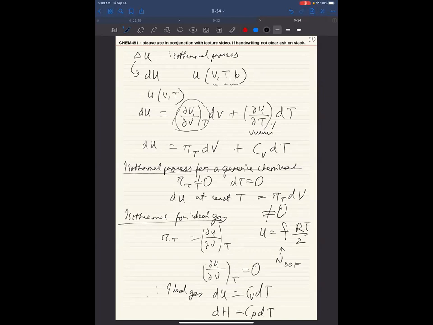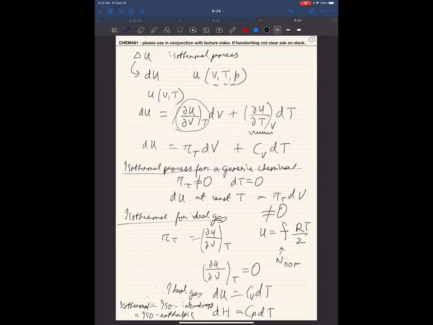So for an ideal gas, isothermal is equal to iso internal energy, and it is also the same as isoenthalpic, right?